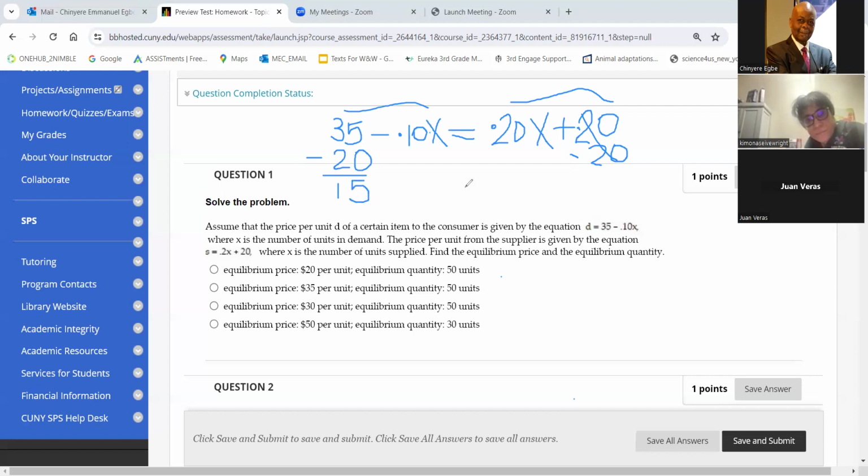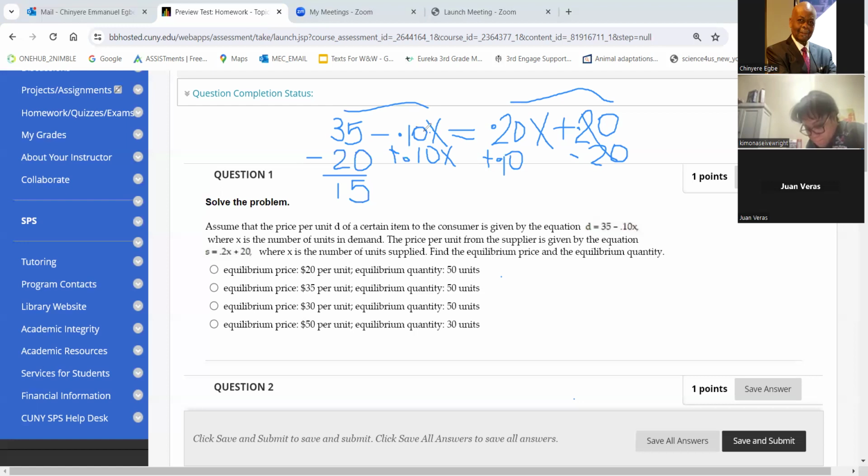Okay. So now you do the same thing for the x. Because this is a negative number, to make it a 0, you add 0.1x on this side, so that this side also becomes 0, because you want to put all the x's on one side. And so you also add 0.10x on that side.